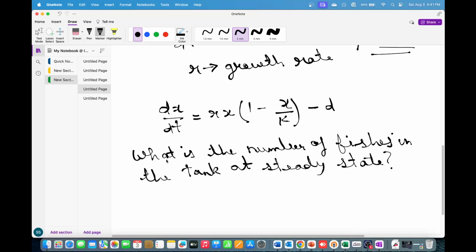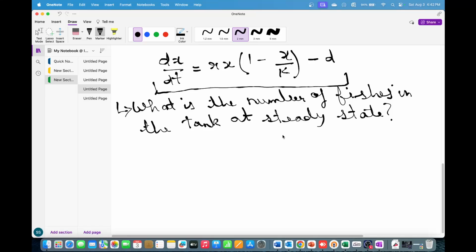Assume you've been asked this question. You are given this model by which fishes are growing inside the tank, and these are the different parameters used in the model. Now you are asked what is the number of fishes in the tank left at steady state. So how do you tackle this problem?